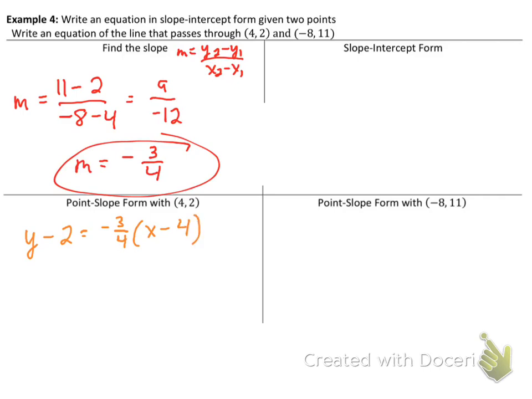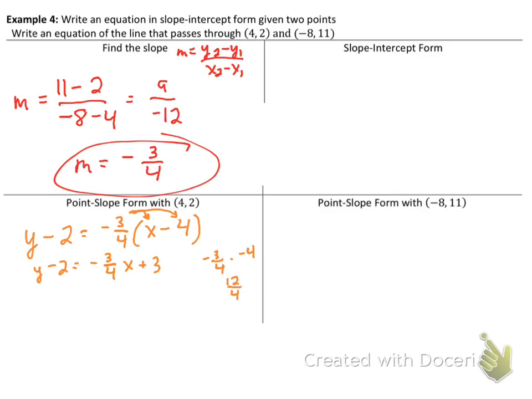Then if I distribute my slope on the right-hand side, I'm going to get y minus 2 equals negative 3/4 x, and then negative 3/4 times negative 4, well, that's going to give me positive 3, because negative 3/4 times negative 4 gives you positive 12 over 4. 12 divided by 4 is going to give you 3.